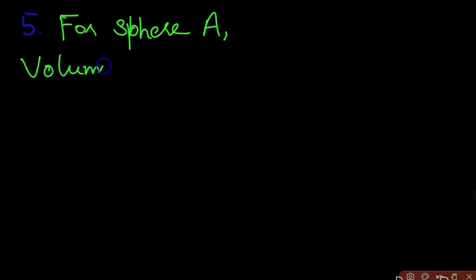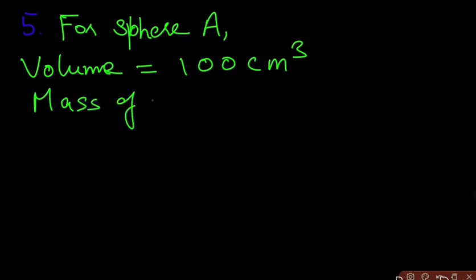So number 5 can be solved as follows. Let us write the things given to us for sphere A. Volume is equal to 100 centimeter cube and mass of sphere is equal to volume multiplied by density, rho s.